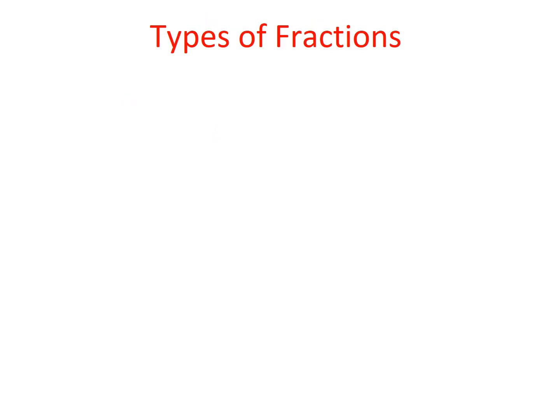So talking about types of fractions, like I said, I did mention that some fractions we have the numerator smaller, and some fractions we have the numerator larger. Let's reenact this fraction. Let's bring back this fraction. We have 2 over 3. The numerator is smaller.